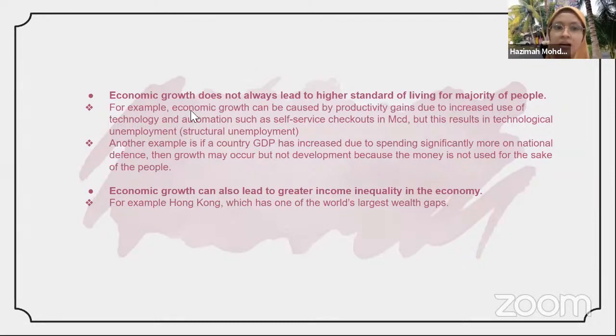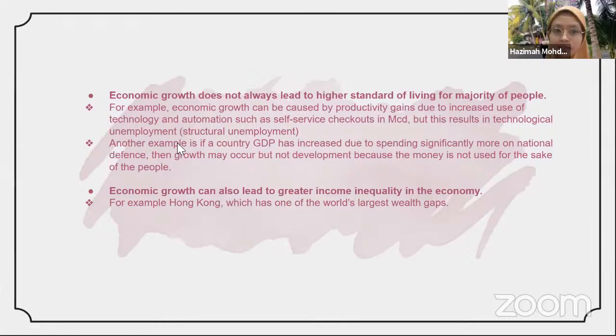This is because economic growth can be caused by productivity gains due to increased use of technology and automation, such as self-service checkouts in McDonald's. But this results in technological unemployment, which is structural unemployment, because if we substitute people, the workforce, with machines, so the workers don't have any jobs anymore, so they will become unemployed.